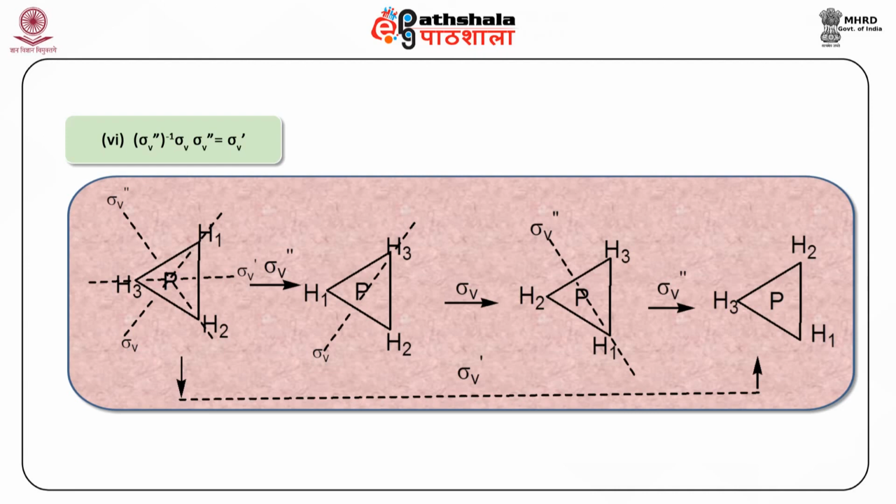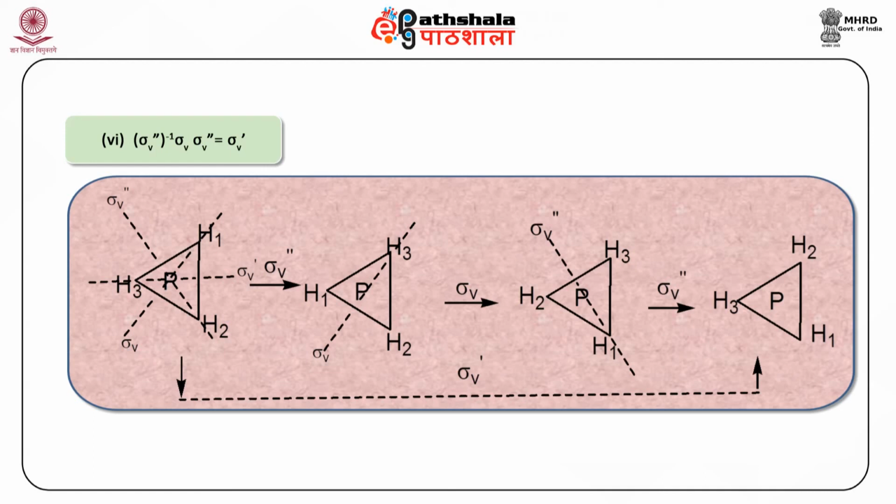Similarly, by carrying out similarity transformation on sigma V dash and sigma V double dash by E, C31, C32, sigma V, sigma V dash, sigma V double dash, we get the results as sigma V, sigma V dash, sigma V double dash only. Thus, out of 6 operations of PH3, sigma V, sigma V dash, sigma V double dash constitute a separate class.